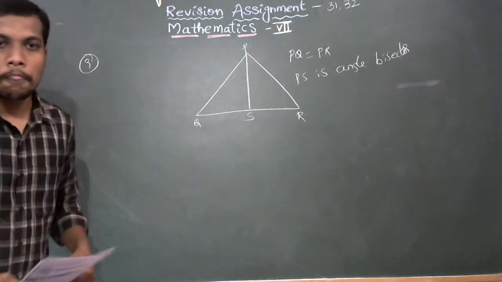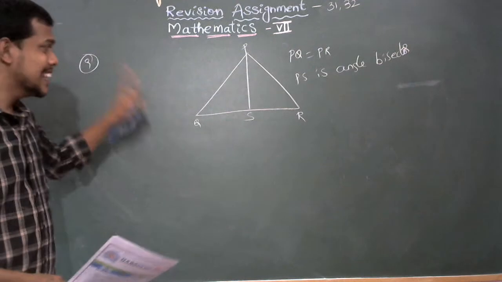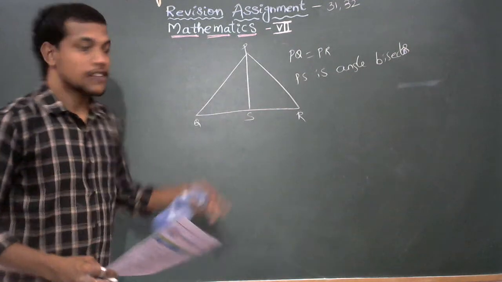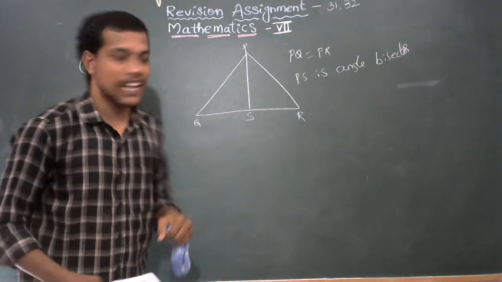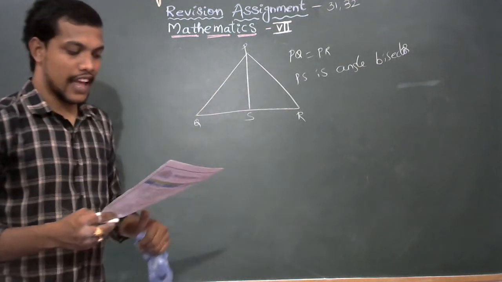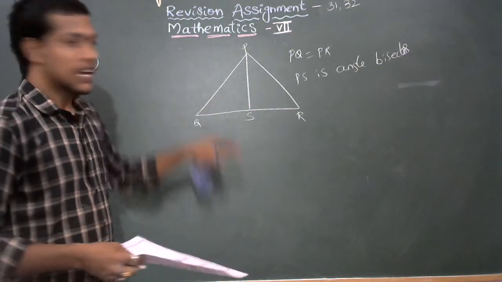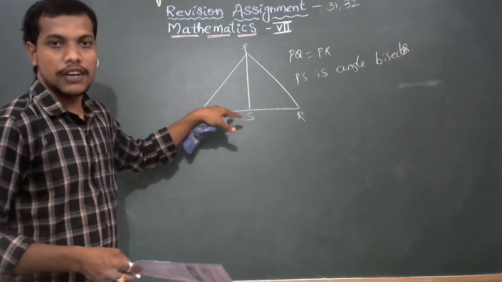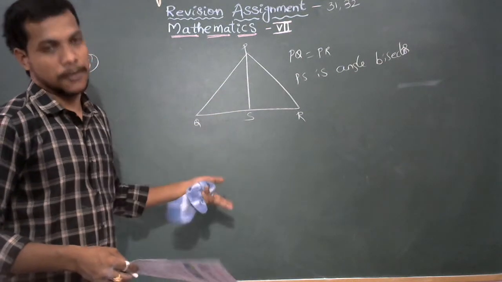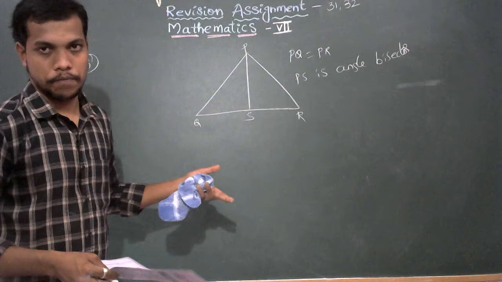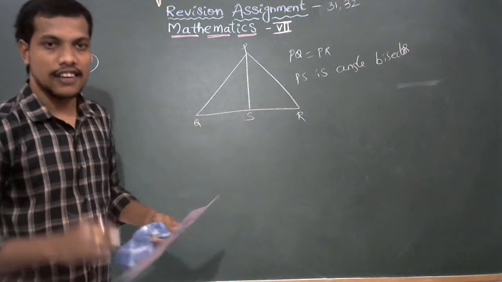Two triangles are given here: PQR is one triangle and PRS is the other. Give the reason why this diagram is correct.